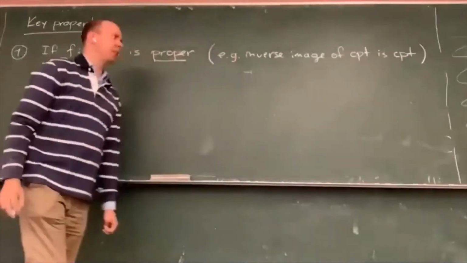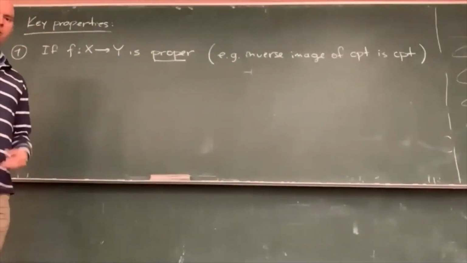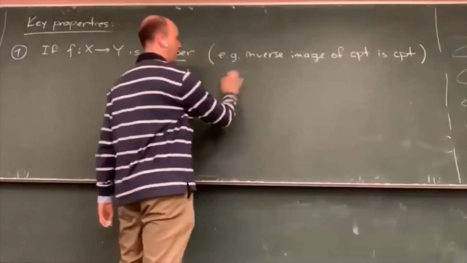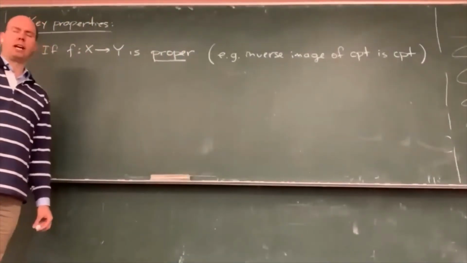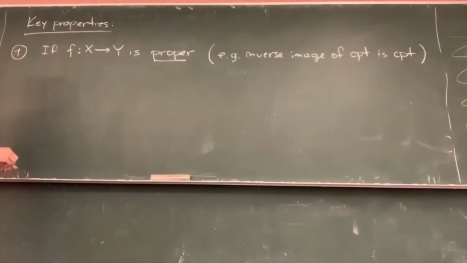And in the context of algebraic varieties, this is a property which is satisfied for projective morphisms, certainly. So it does come up in the context we're going to be applying this to.